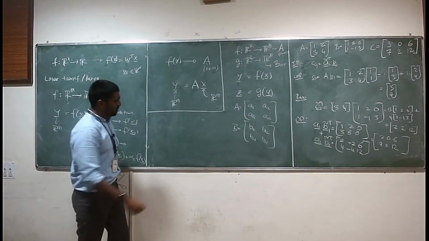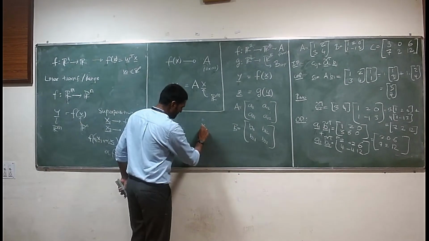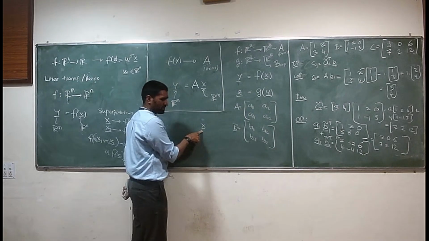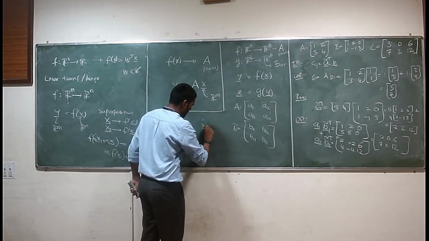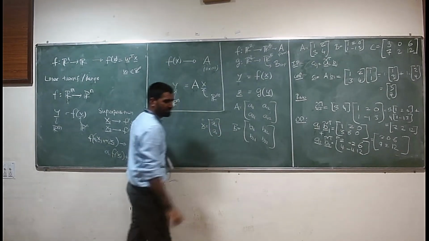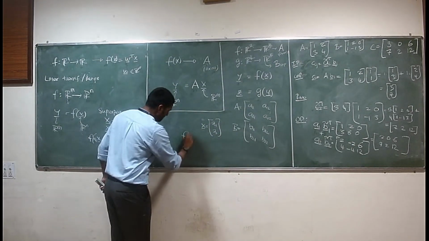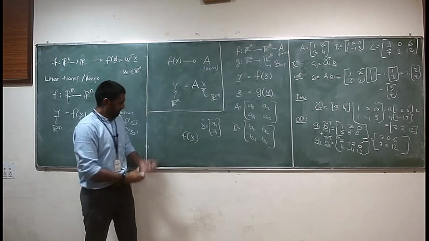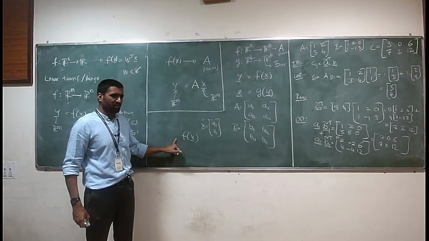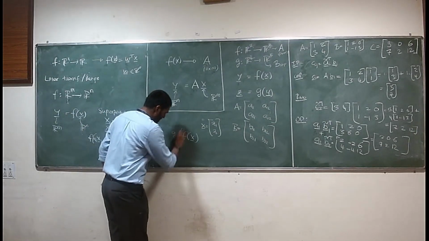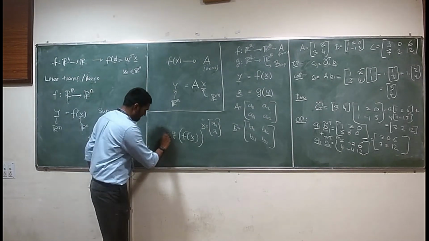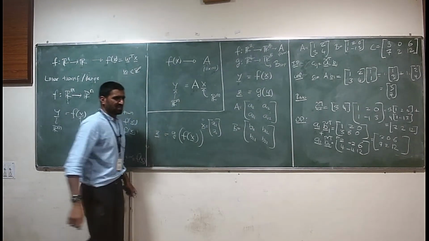Now I take a vector x, everything is R2, so no problem. I take a 2 cross 1 vector, x1, x2. I first pass it through f. It's a linear function. I get a vector in R2, and then I pass it through g, and then finally I get z.